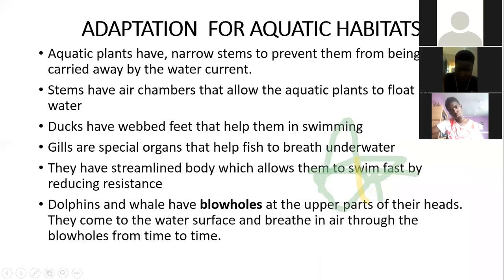So let's look at the adaptations of organisms for the aquatic habitat.